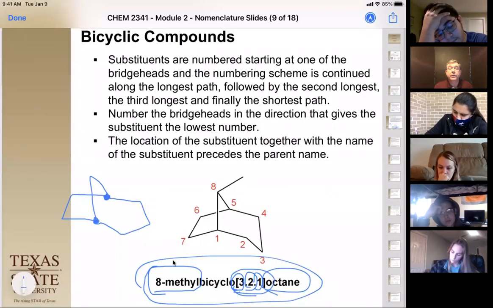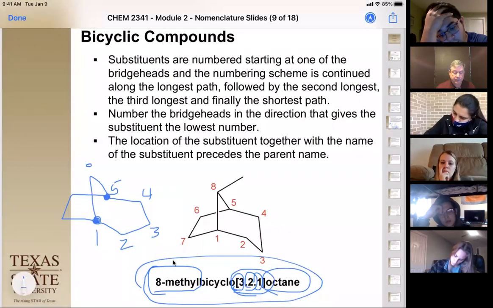Okay. So now when we number it, we start at one of those fuse points and name the longest bridge first. So 1, 2, 3, 4, 5. Now we could go up to here or over to here, but we're going to do the second longest bridge second. So that makes this 6 and 7.